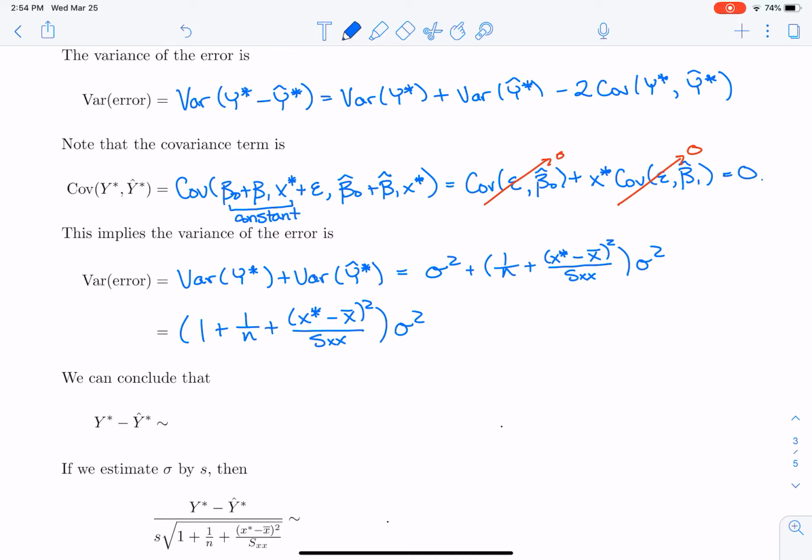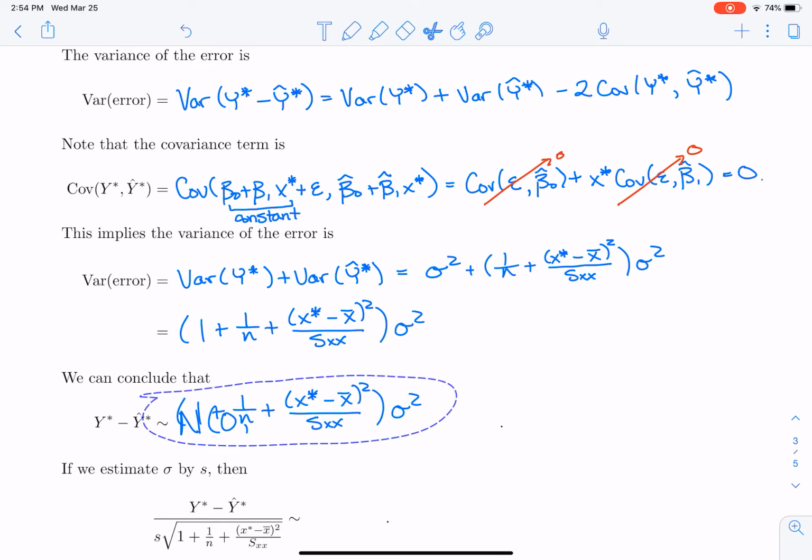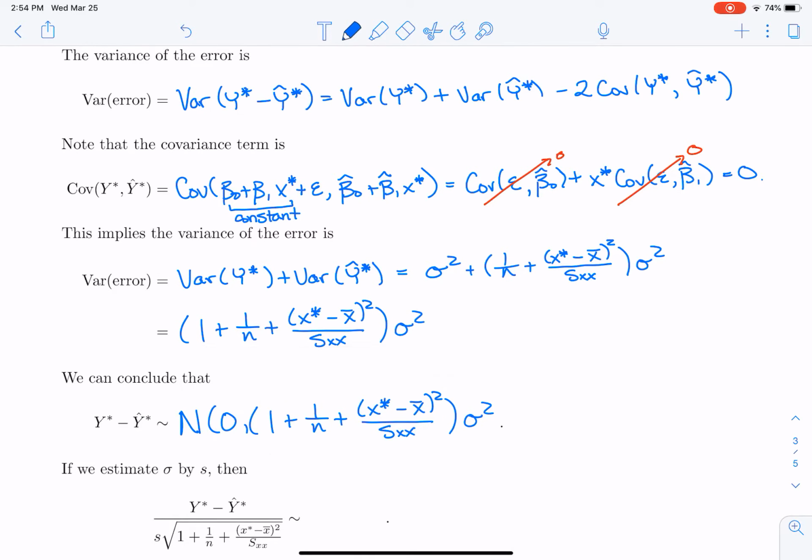Now, we can conclude that y star minus y star hat, both of those have a normal distribution, so that's going to have a normal distribution. We can see that the mean is 0 and that the variance is again going to be this big term with sigma squared in it. Now, another way that we could write that is we could take y star, subtract y star hat, and we can divide by standard deviation.